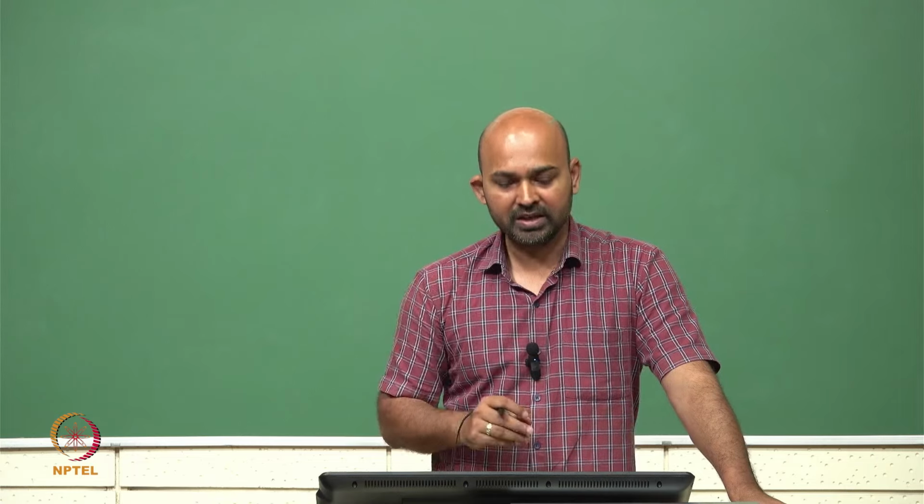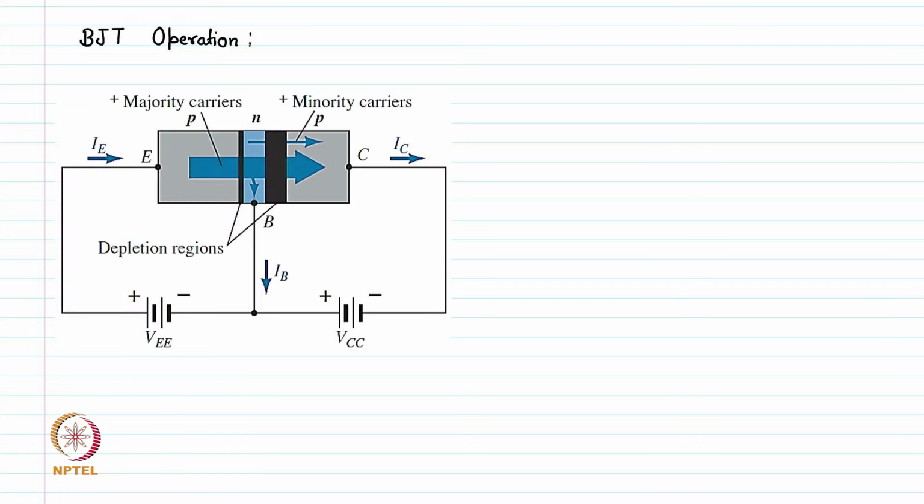So let us see the working of the BJT in little detail. So, typically a BJT looks something like this.